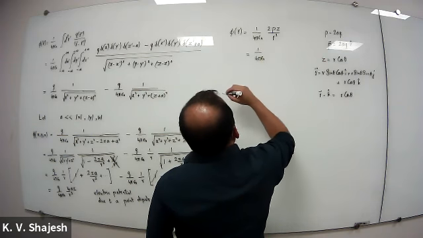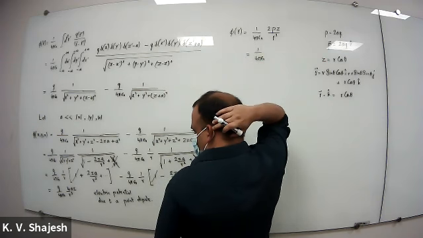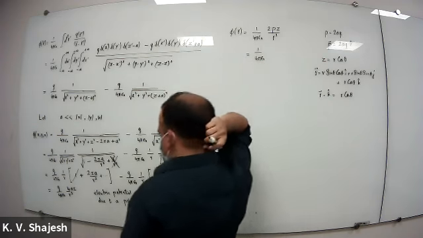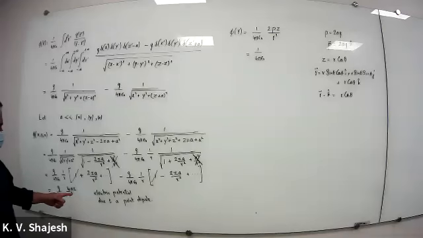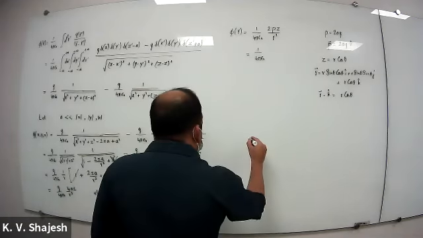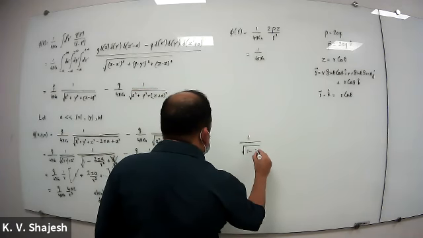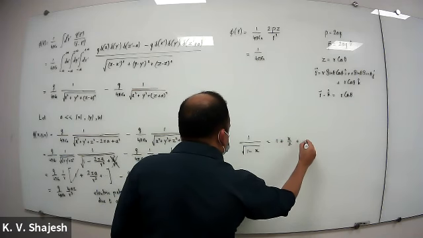phi epsilon naught times... I made a mistake here, right? Yeah, I made a mistake here. Sorry. I said that my expansion was 1 minus x is equal to 1 plus x over 2 plus so on.